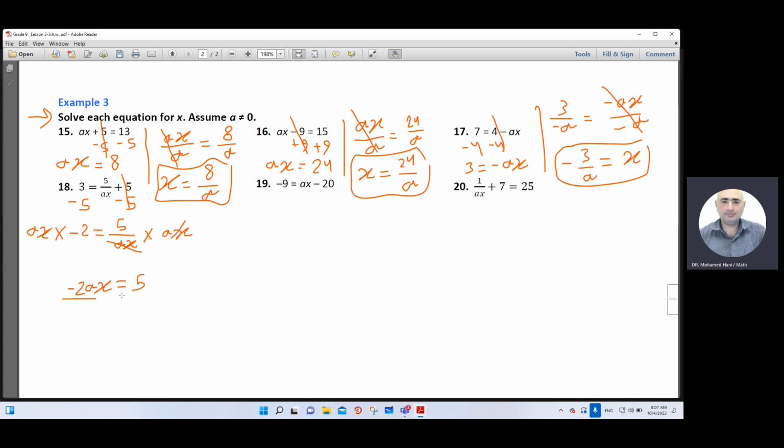So divide the two sides by -2a. -2 divided by -2 will be 1. A divided by a will be 1. It means 1x, which is x, equals positive divided by negative, which is -5 over 2a. So this is the solution.